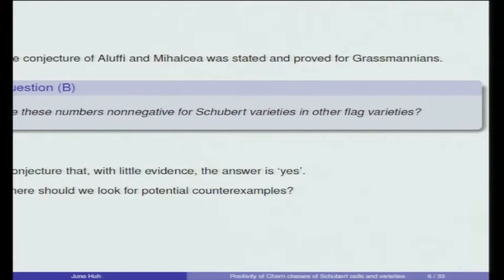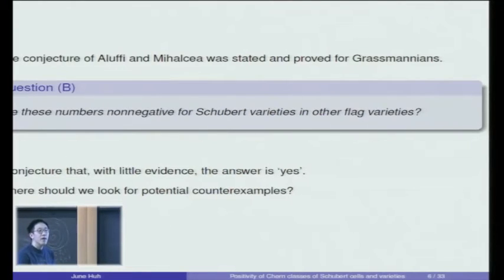The second curious fact was that this conjecture of non-negativity was stated and proved only for Schubert varieties in Grassmannians. Of course, the same conjecture can be made exactly in the same way for Schubert varieties in more general flag varieties.